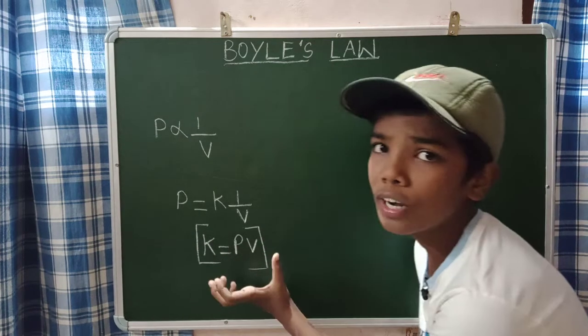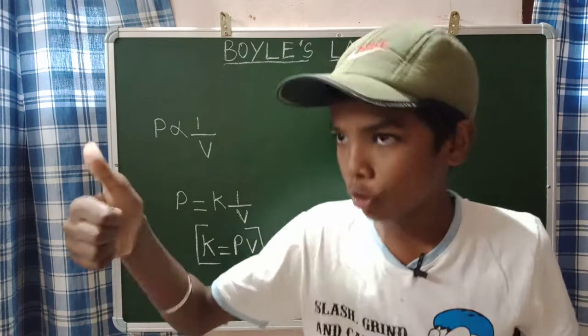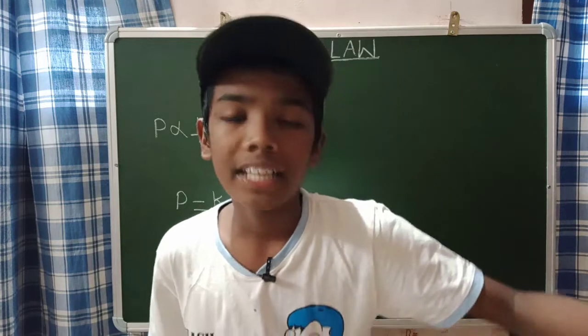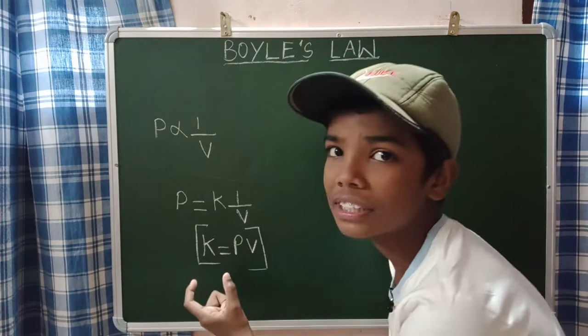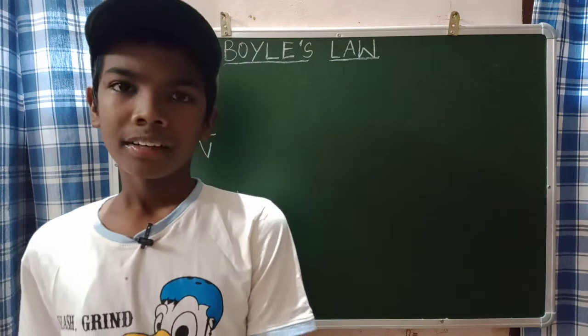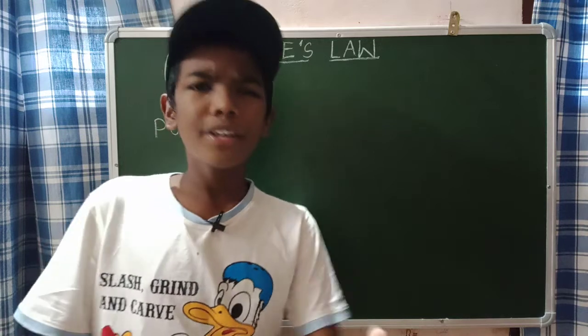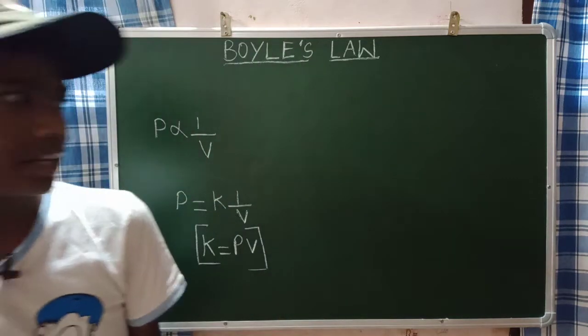From this relationship, for any ideal gas which has constant temperature and a fixed amount of gas, the product of pressure and volume will be a constant. Okay, this is what you guys need to understand. And finally, it's a very simple thing only.